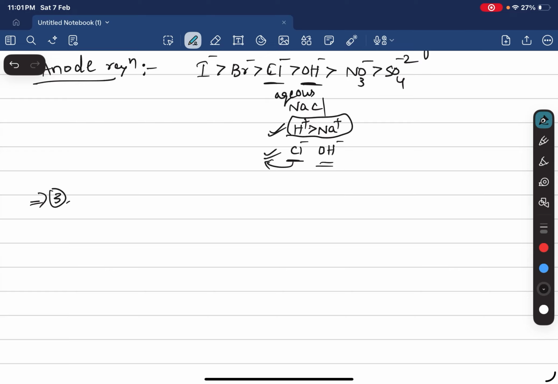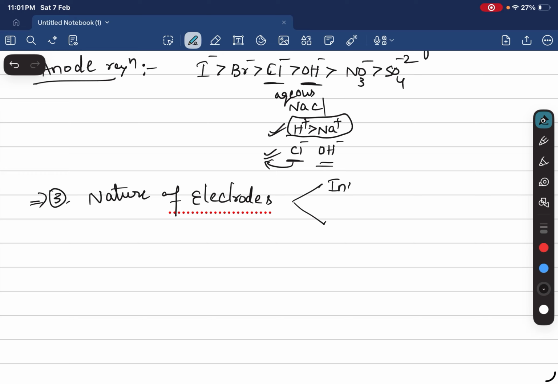Coming to the third factor, nature of electrodes. Electrodes are categorized into two types: inert and active. Examples of inert electrodes: graphite and platinum.